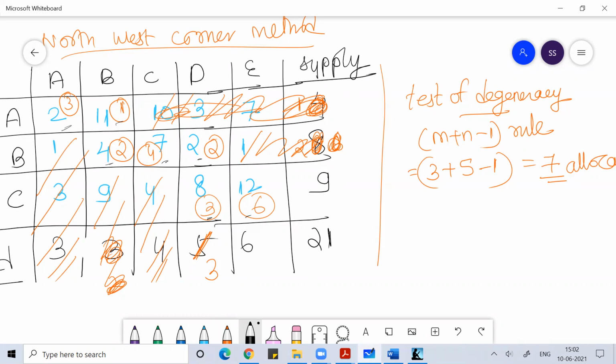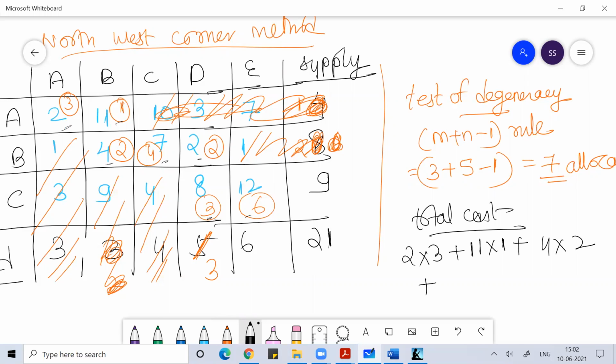Once that is done, then you can find the total cost. So your total cost is 2 into 3 plus 11 into 1 plus 4 into 2 plus 7 into 4 plus 2 into 2 plus 8 into 3 plus 12 into 6.